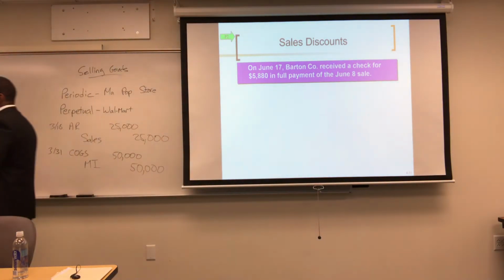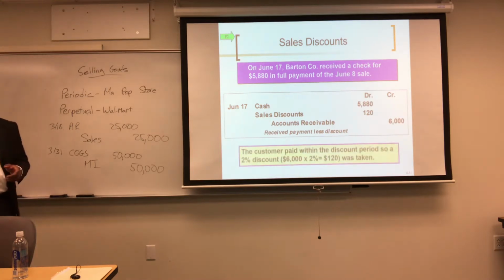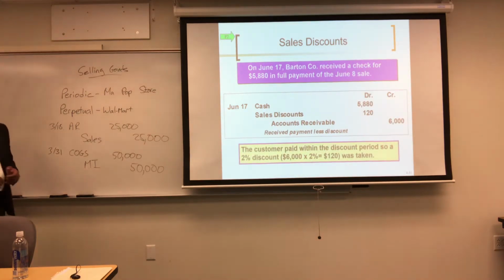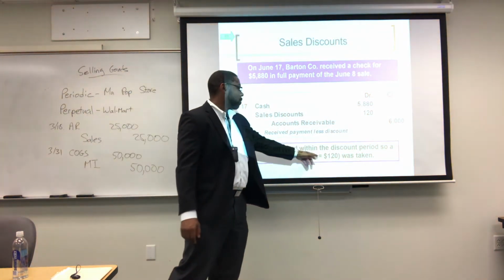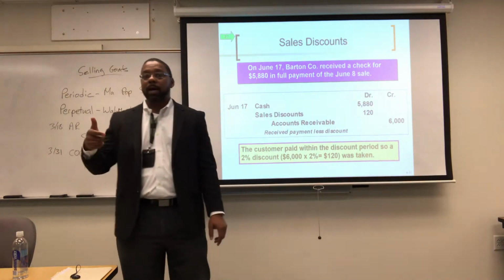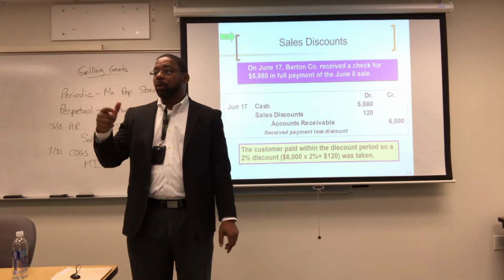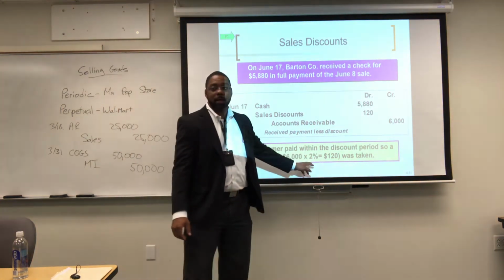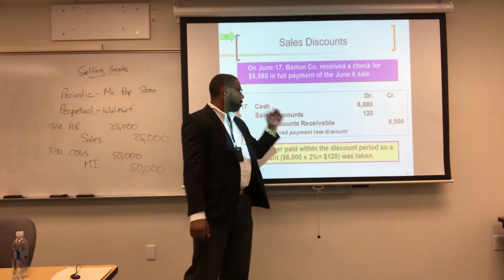So now we need to take 2% of $6,000, which is $120. Please remember, and this is another reminder, when you take a percentage, you multiply by 0.02, not 2, on your calculator. So you get $120.